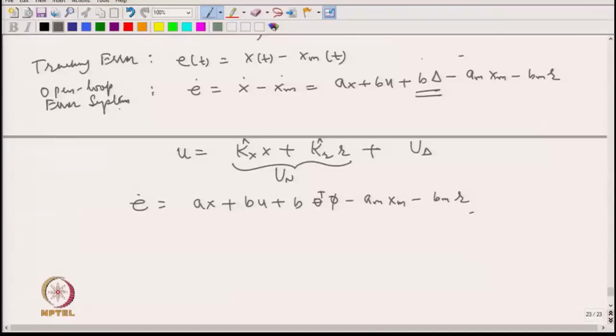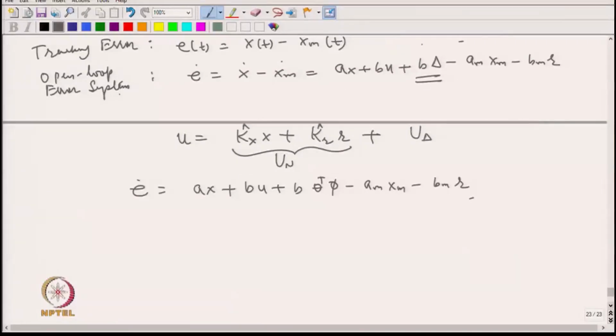So, in this case, suppose k x and k r were known, we would choose the control input to be k x x plus k r r, plus theta transpose phi minus theta transpose phi, and try and cancel this nonlinear term.